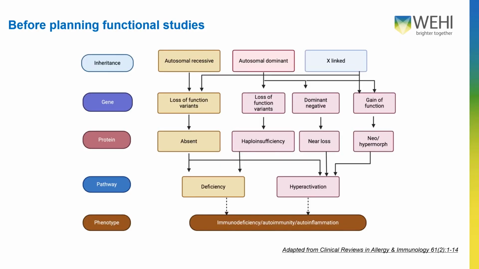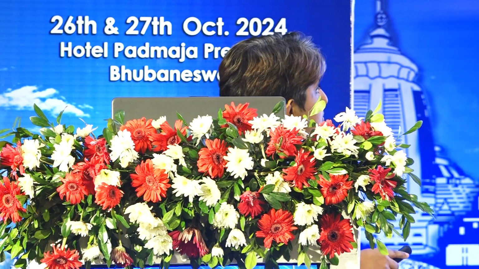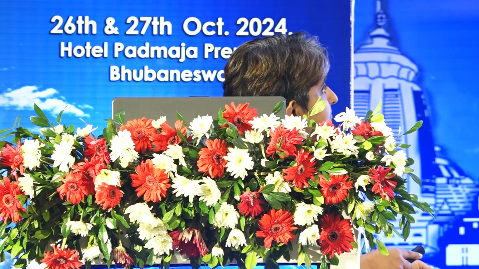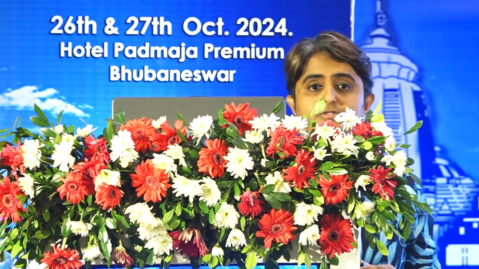Sorry for this messy slide. This is my attempt to simplify things, but since I am no expert, I was not able to simplify it. So before planning functional studies, we should always remember the inheritance pattern of the condition.